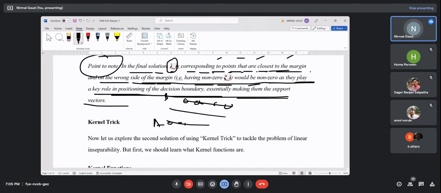Okay, so they are saying that the value of lambda is going to help us for the data points which are closer to the margin, and we can assign them as support vectors. How can we assign them as support vectors? Now we have a decision boundary, this is your decision boundary, and these are your class margins.